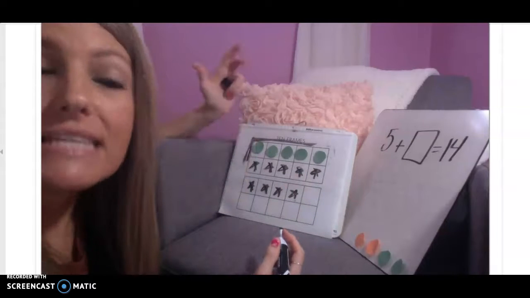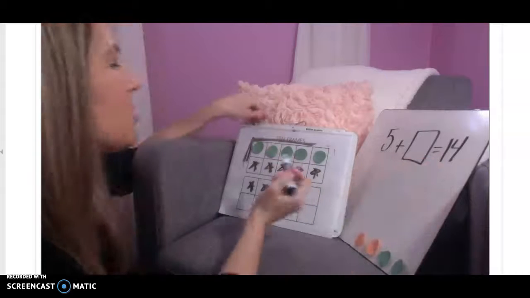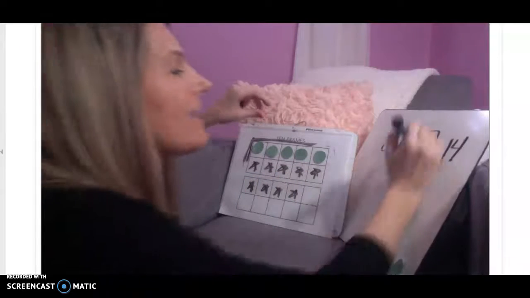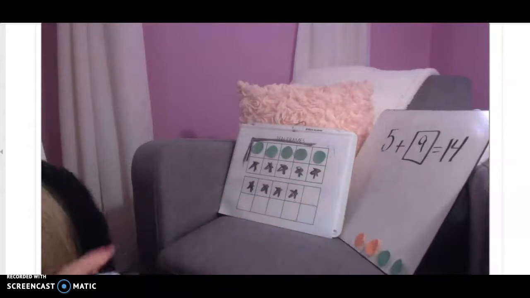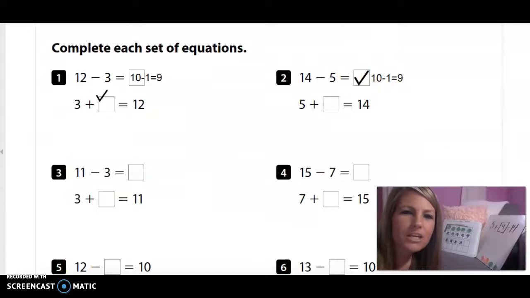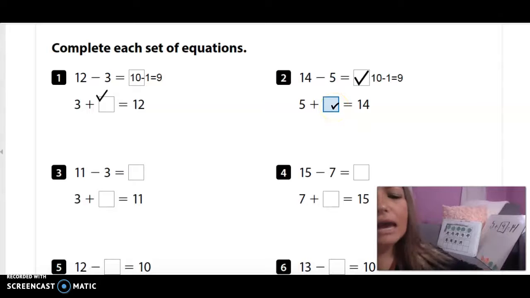Let's add up and see how many stars it took to get all the way to the number 14. It took 1, 2, 3, 4, 5, 6, 7, 8, 9. It took 9 stars. So 5 circles plus 9 stars would give us 14. So we'll go back onto our worksheet, and in the box, we will write the number 9.